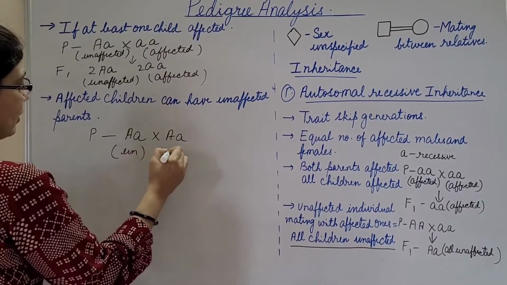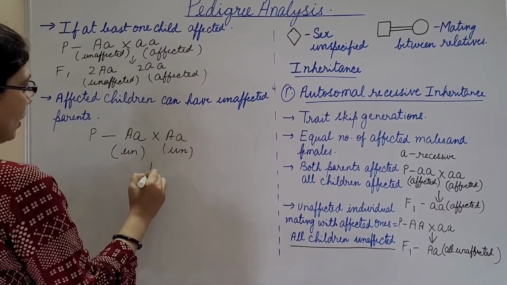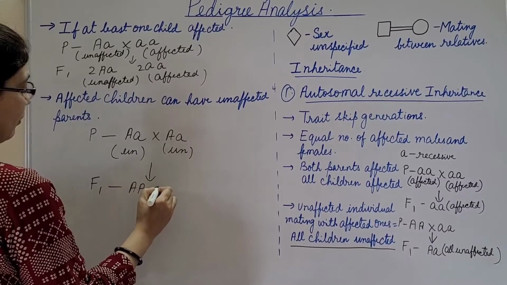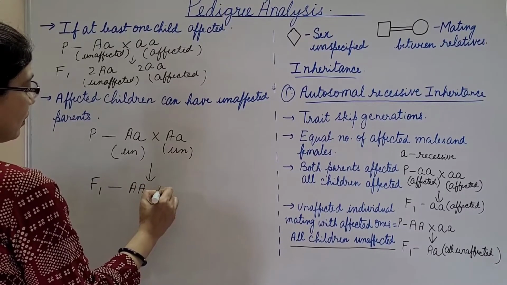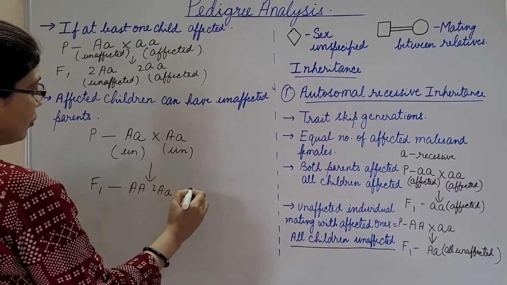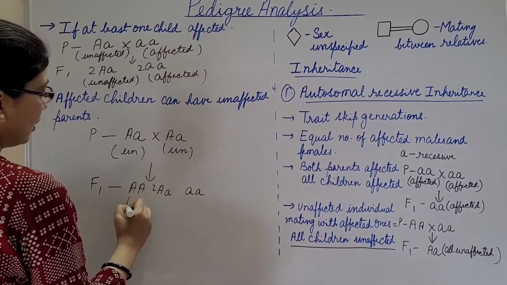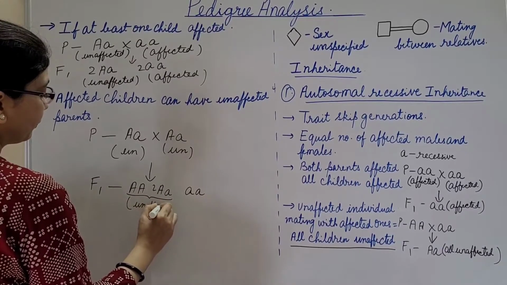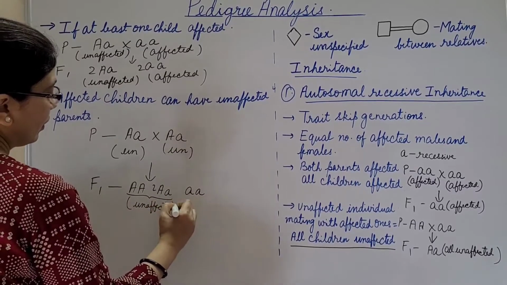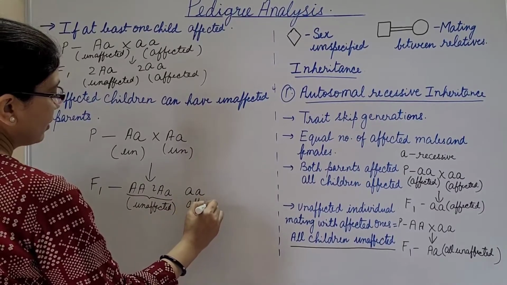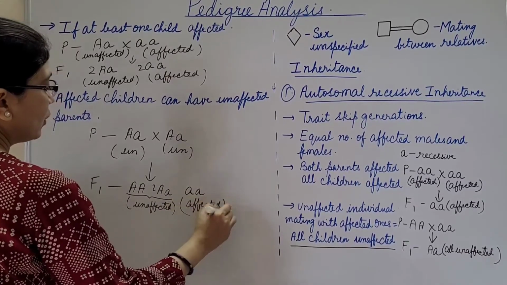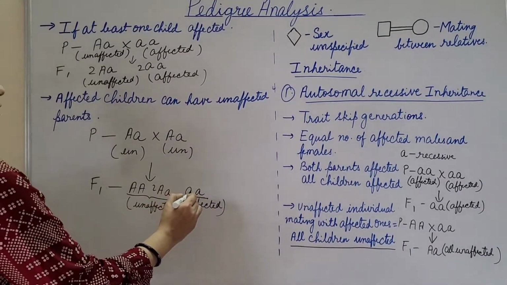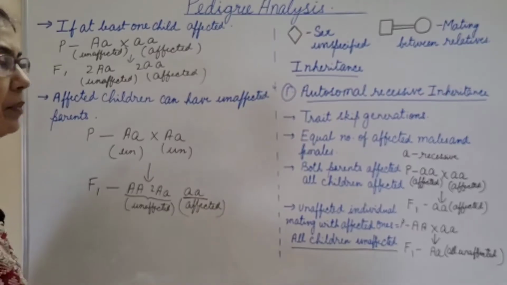These are the unaffected parents, and the offspring which we get are: unaffected homozygous, unaffected heterozygous, unaffected, and this is an affected child. So here this affected offspring is obtained from unaffected parents.